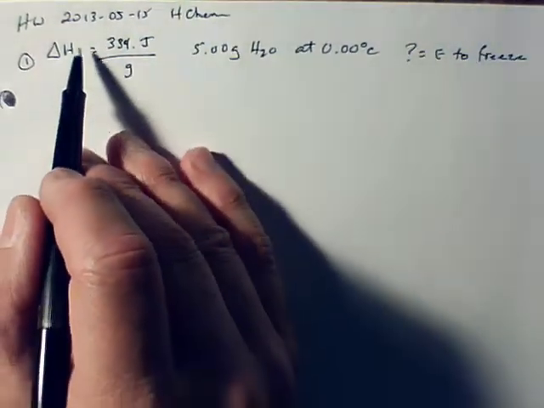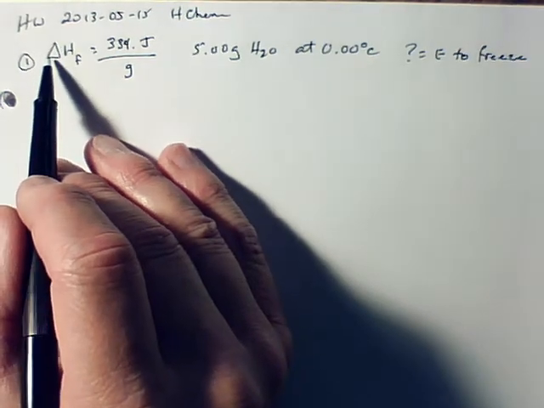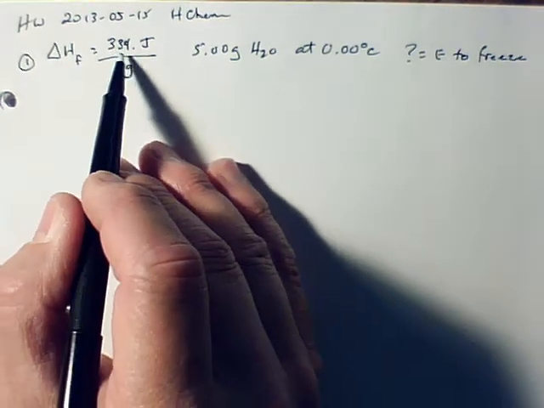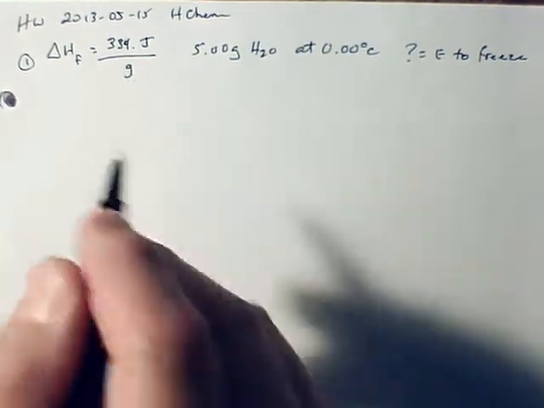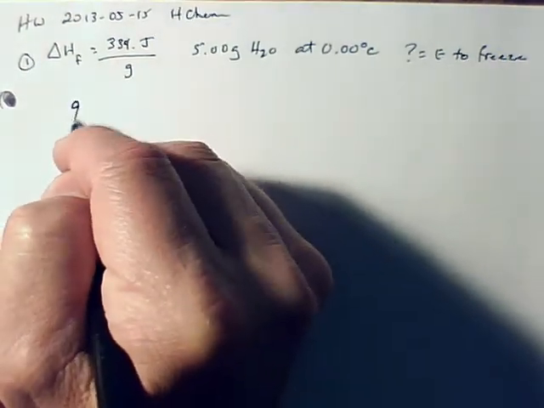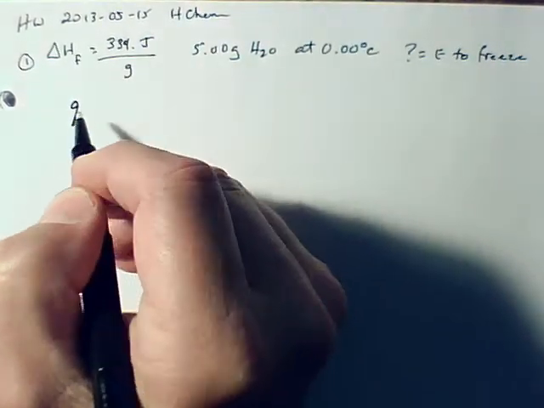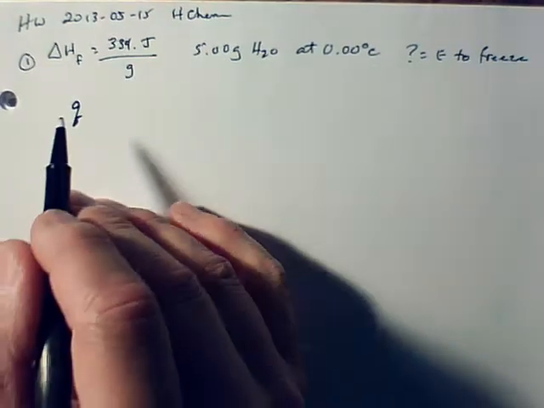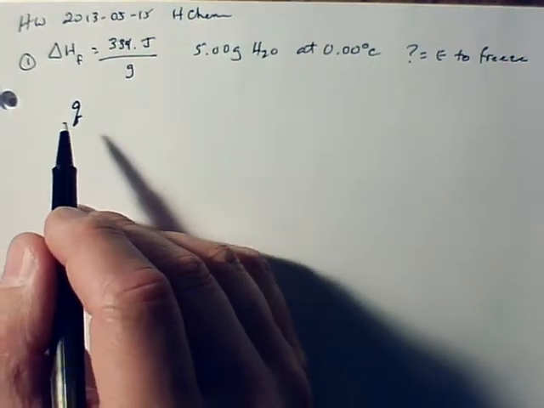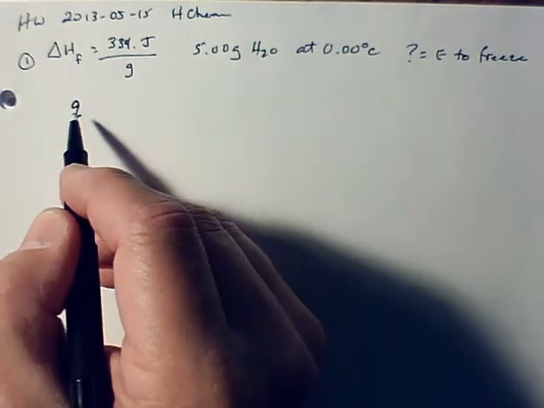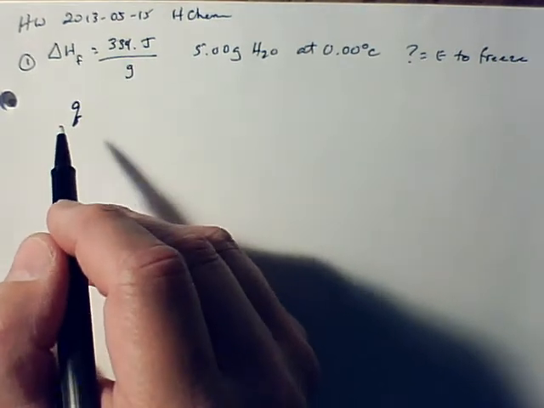The value I gave you for the enthalpy of fusion is 334 joules per gram. And so the equation we need is, this is the heat exchange, the amount of heat that's being taken out of the water. Okay? So it's got to be a negative number when we're done.